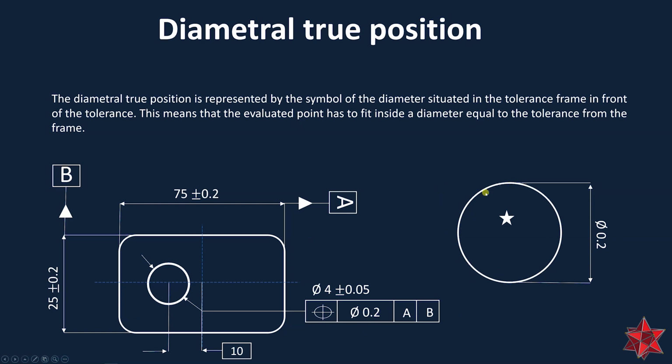We have here the tolerance zone, but now it's a diameter according to the diameter from the tolerance frame, and the point deviated from its center that represents the actual value measured on the CMM or on other devices.